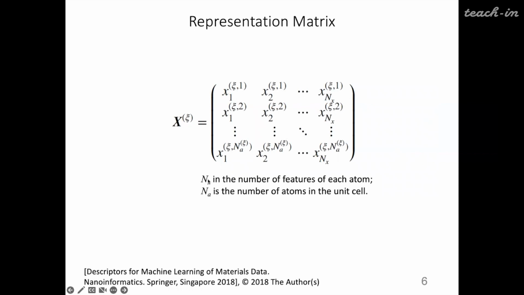If nx is the number of properties or features, then we include feature 1, feature 2, and then up to nx. And we do this for every atom. So this row is for the first atom, second, and Nth atom.